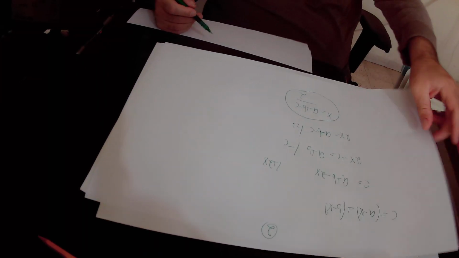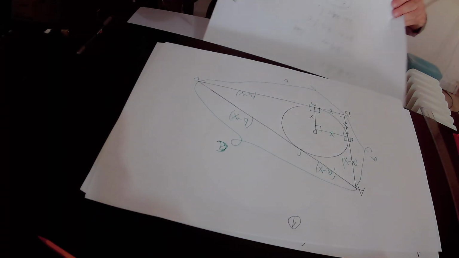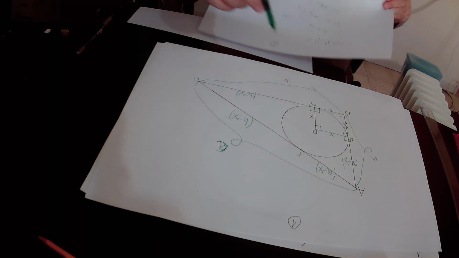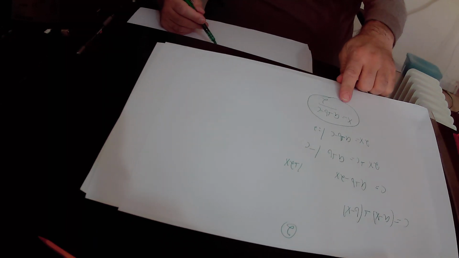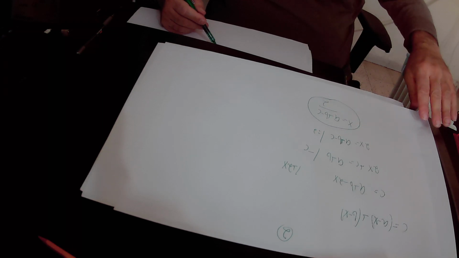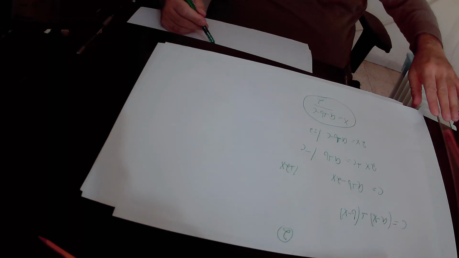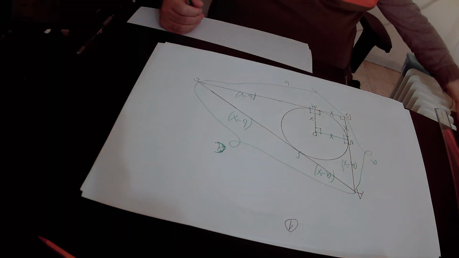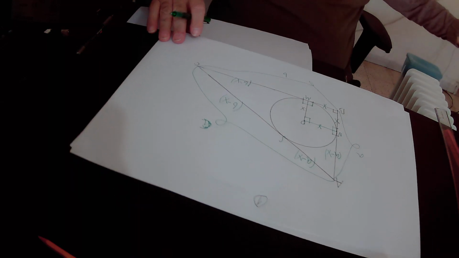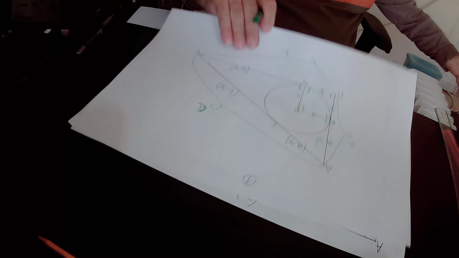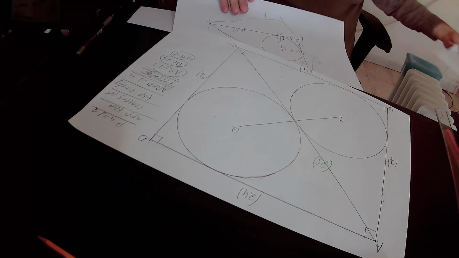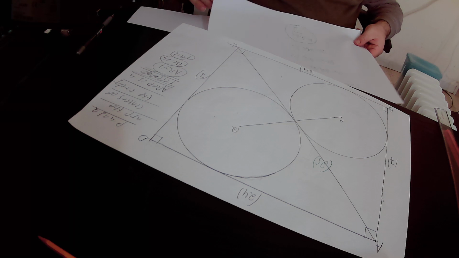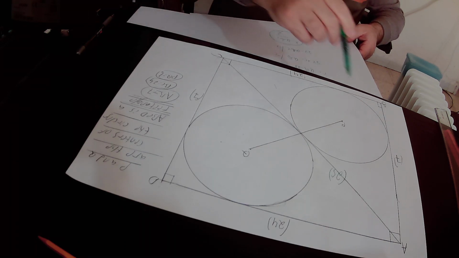Repeat again, the radius x equals a plus b minus c over 2. Now we can use the new formula in order to find the radius of each circle.